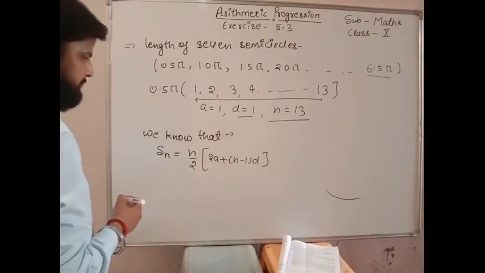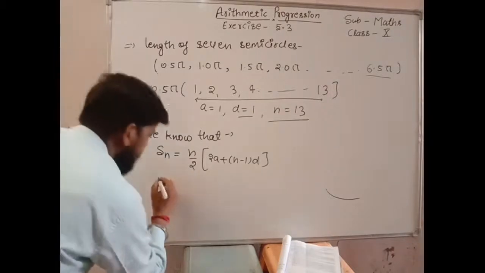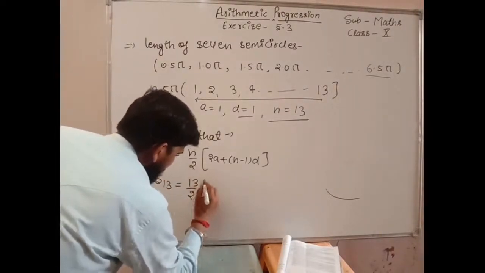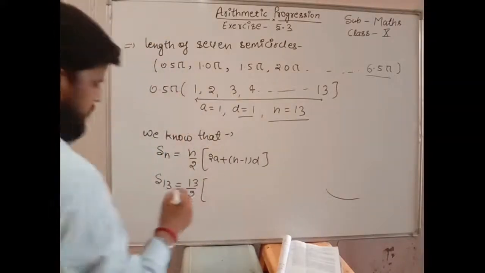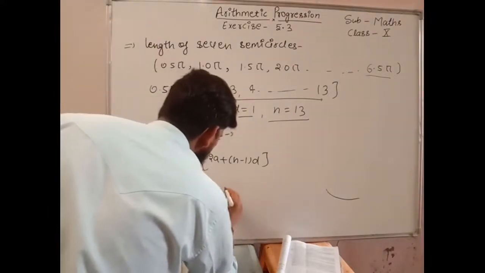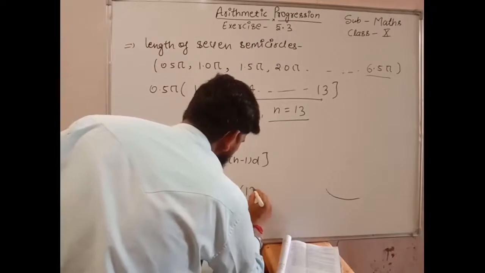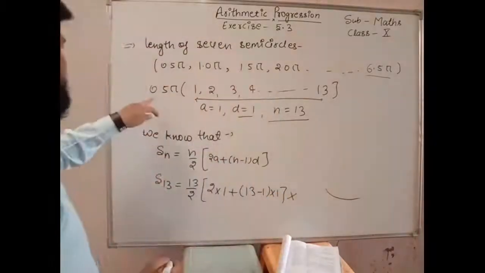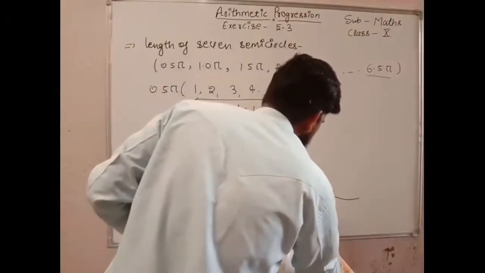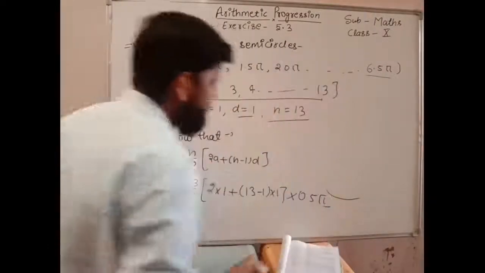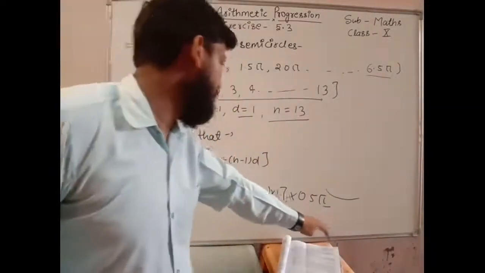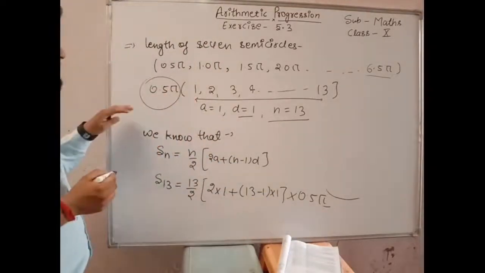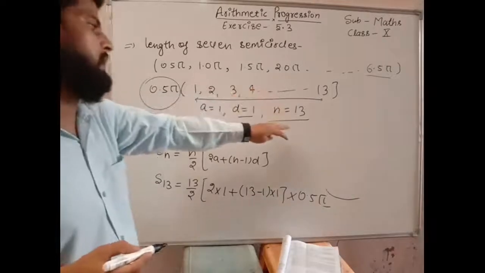So S 13 is equal to 13 upon 2, (2 multiplied by 1 plus (13 minus 1) multiplied by 1), multiplied by 0.5 pi. Why are we multiplying with 0.5 pi? Because this is the common part of this AP.